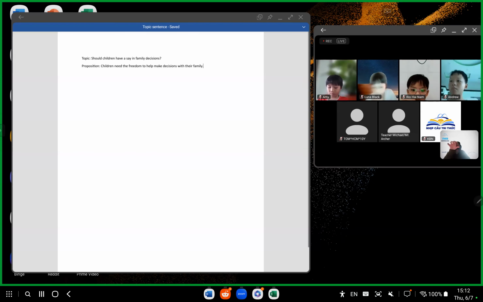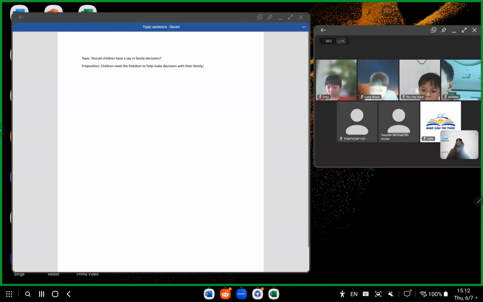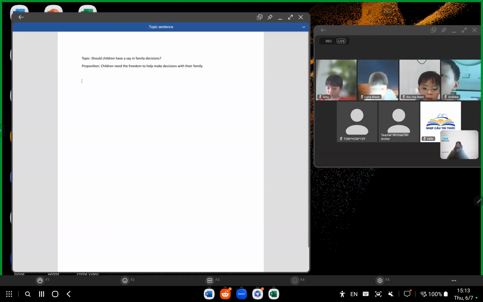All right, so now we have our argument. We can start formulating our paragraph. So the first thing that we need to do is introduce our argument with the topic sentence. So this is the first thing that we need to do.